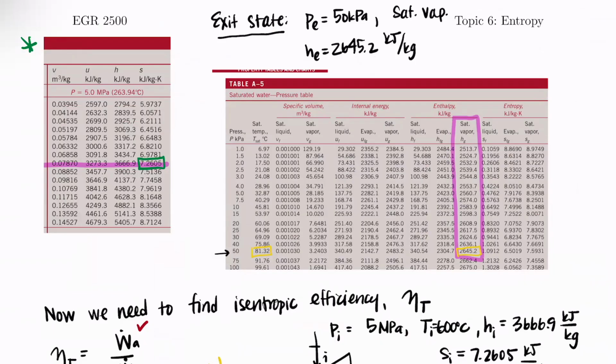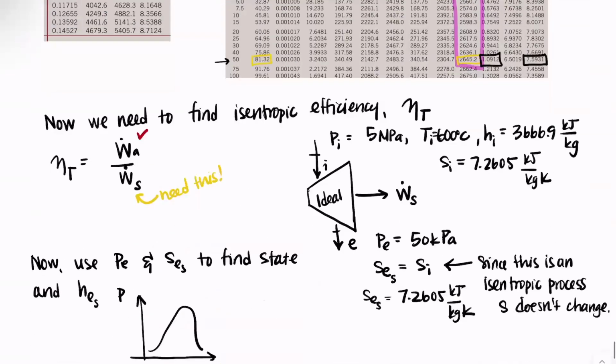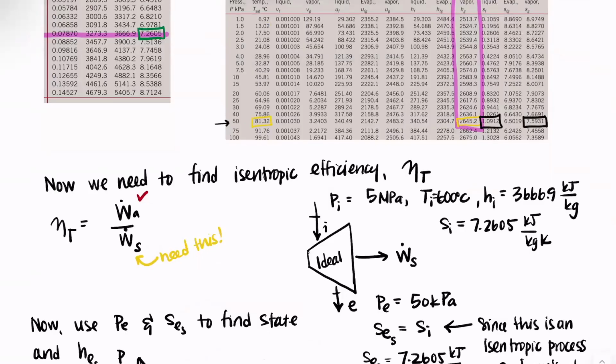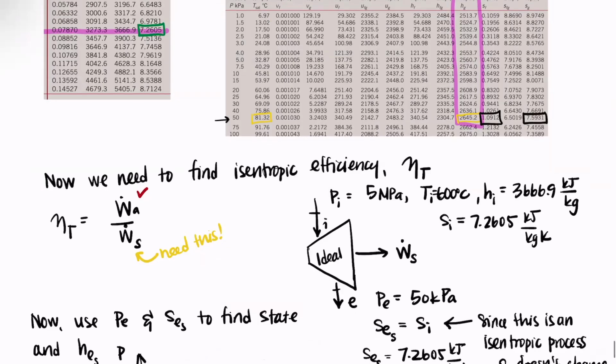Now we want to have a look at SF and SG. SG is 7.5931, which is greater than SES. So what does that tell us? What state are we in? Yeah, mixture, right?